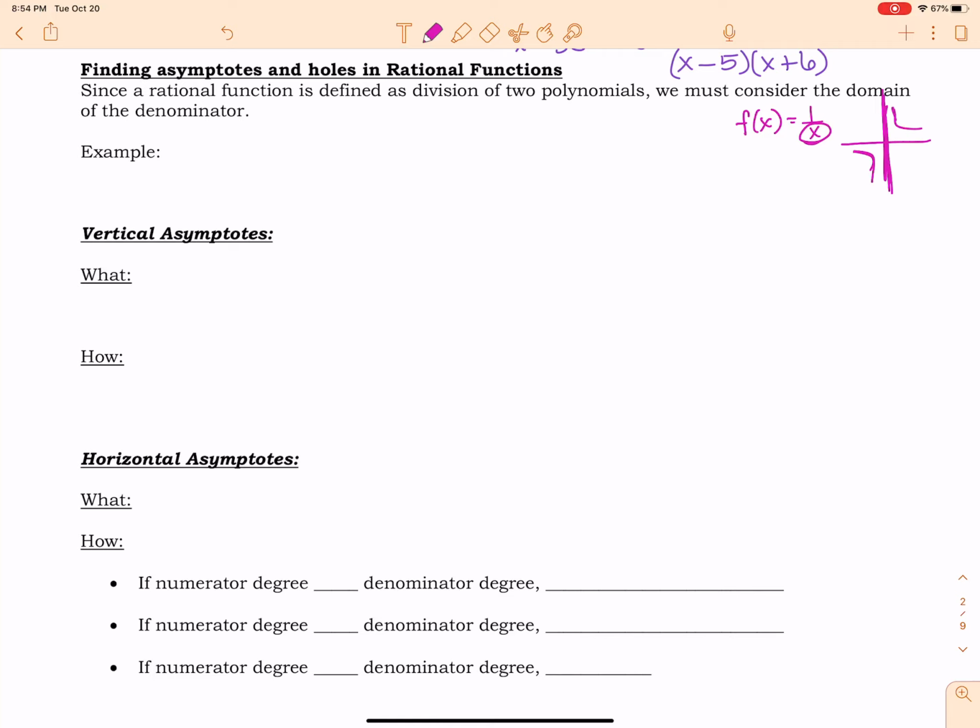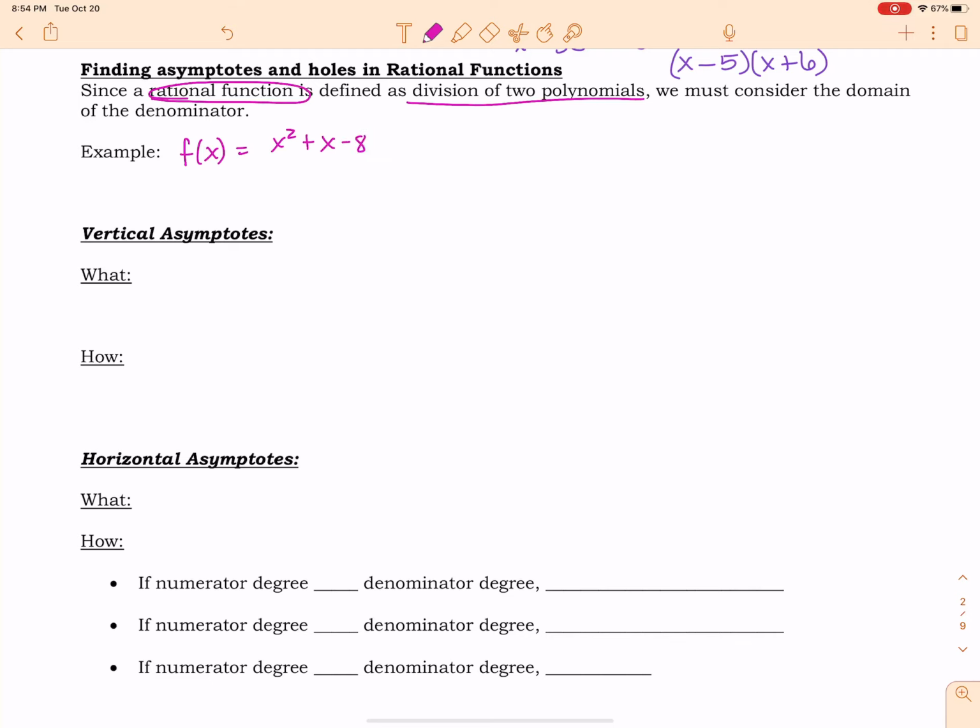They're values that occur because of restricted values, and they can only occur when we have a rational function, which means a division of two polynomials. So if we look at this example, let's say I've got x squared plus x minus 8 over x plus 3. x cannot be negative 3 because then we would be dividing by 0.